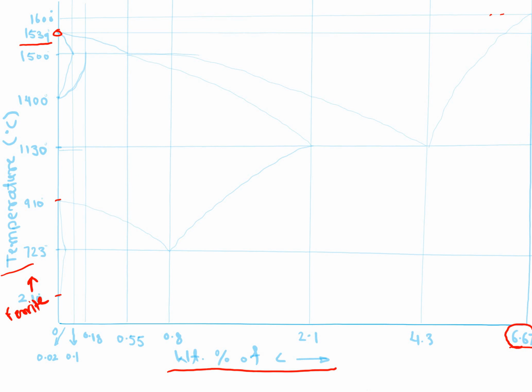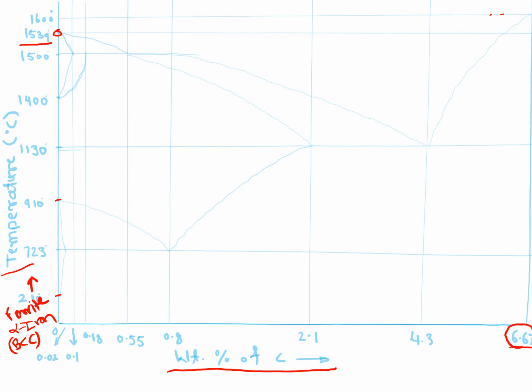Okay. Now we have taken a pure ferrite that we call alpha iron at room temperature. This alpha iron, as I already told you, has a BCC crystal structure.